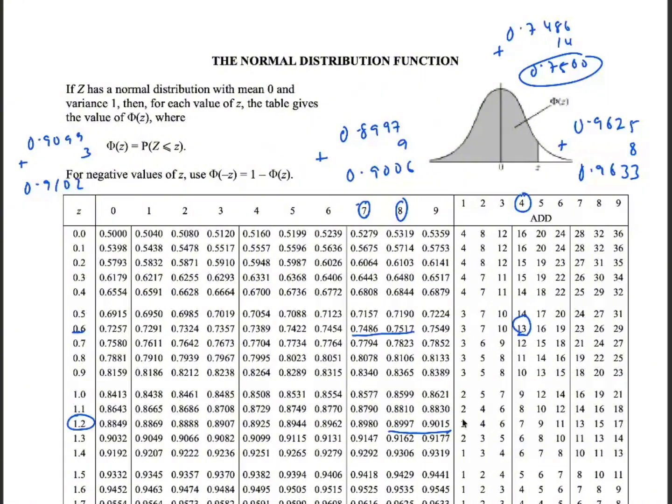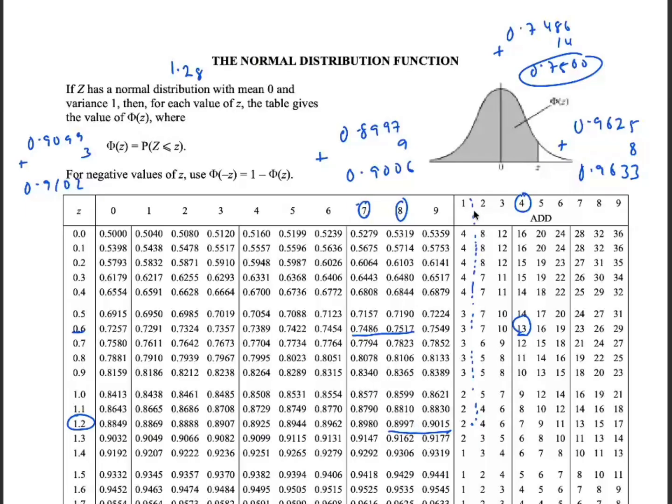And if we go to our adding section, 3 will be between this 1 and 2, which means we can interpolate and we sort of get that our 1.5 will give us that 3. Therefore, what we'll have is 1.28, which gives 0.8997.